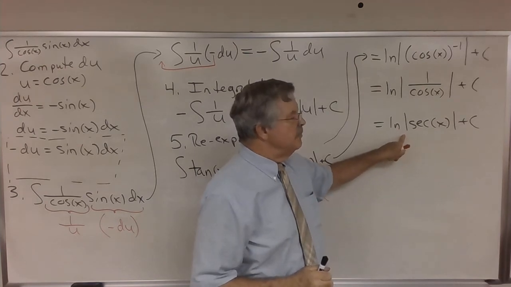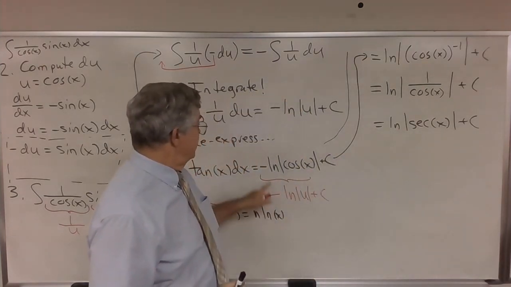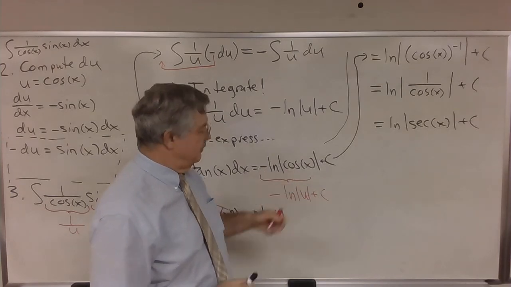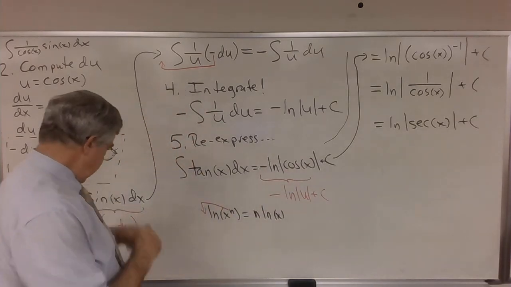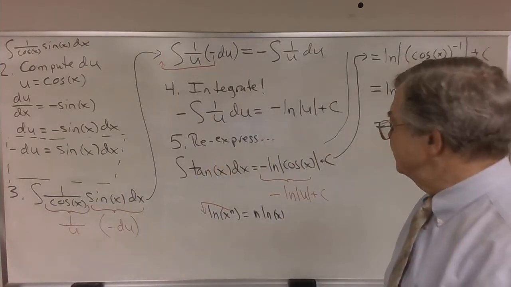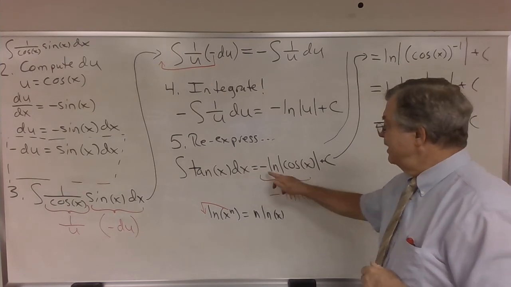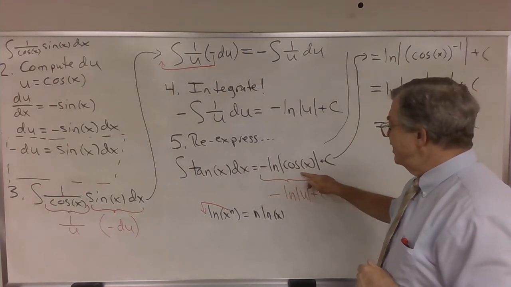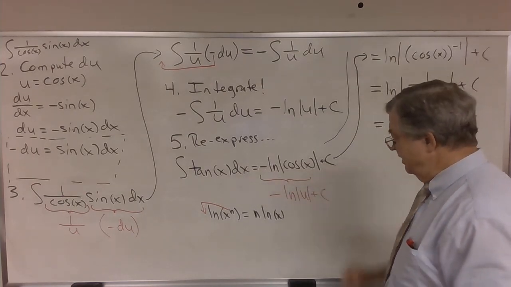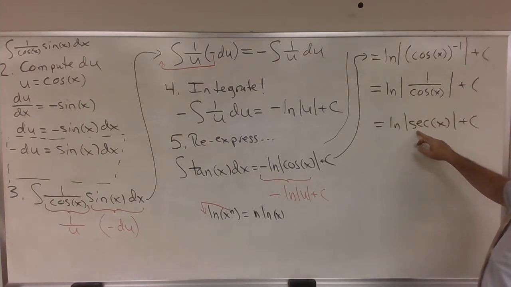We will include both forms, natural log of secant x and negative natural log of cosine x. Now that completes our exercise. The antiderivative of tangent x is negative natural logarithm of cosine of x plus c, which is the same as natural logarithm of secant x plus c.